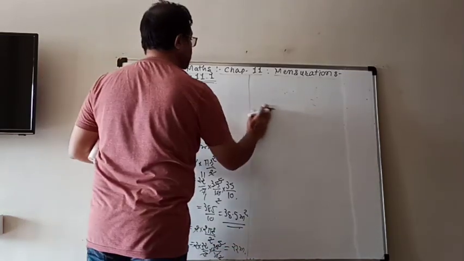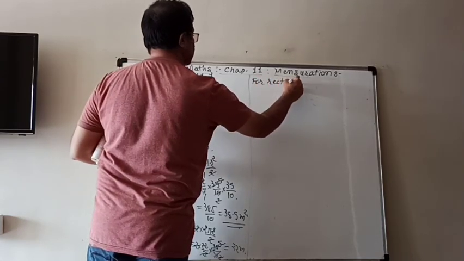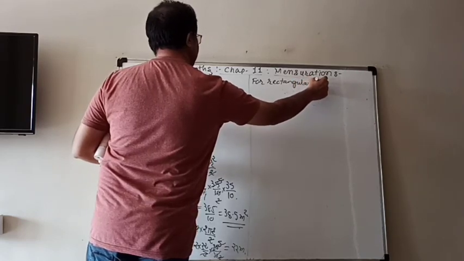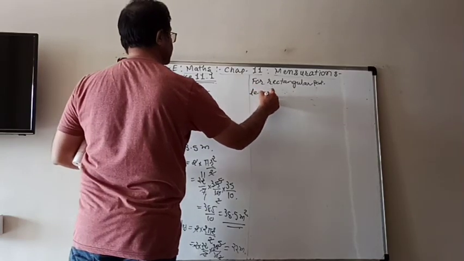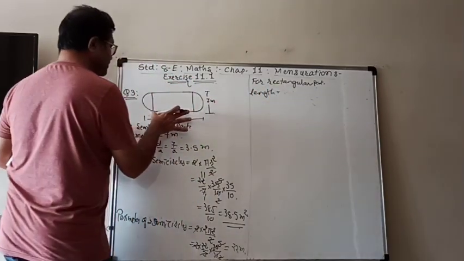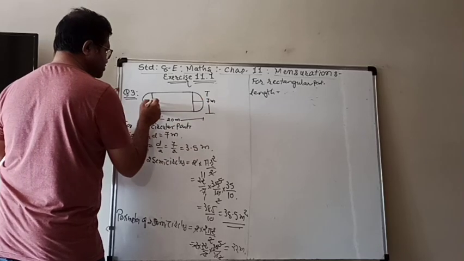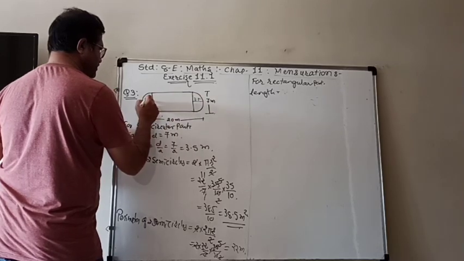Now for the rectangular part, the length will be, now the whole length is 20, but we have to subtract those two radiuses, that is 3.5, 3.5.